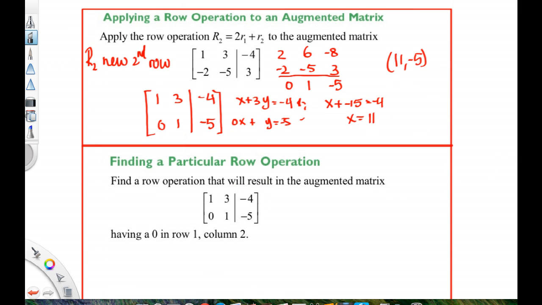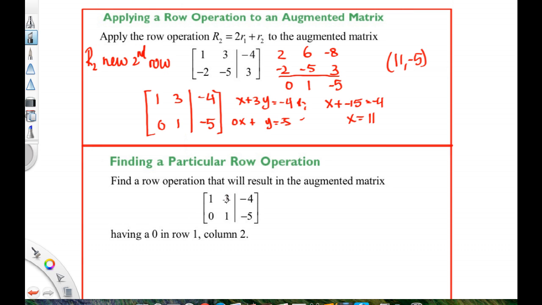We'll continue with that process a little bit. So let's say we have 1, 3, negative 4, 0, 1, negative 5. Find a row operation that will result in the augmented matrix having a 0 in row 1 and in column 2. So now we want a 0 over here.